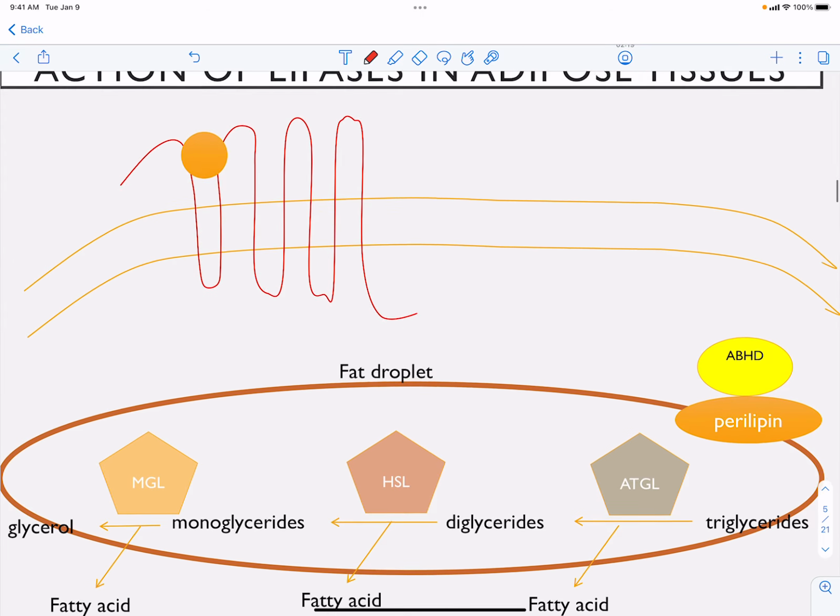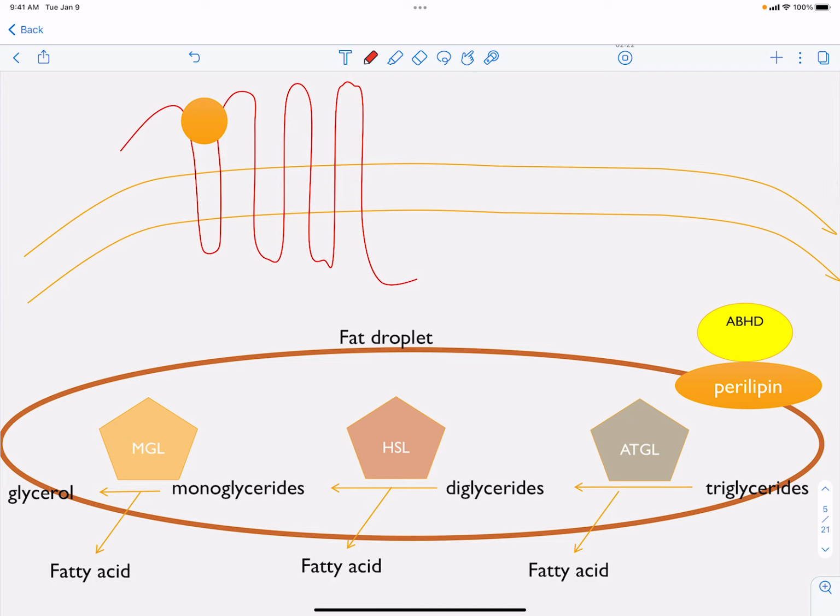Just really fast, you have some sort of hormone signal, and then you get your normal signal transduction. Then you're going to get perilipin here.